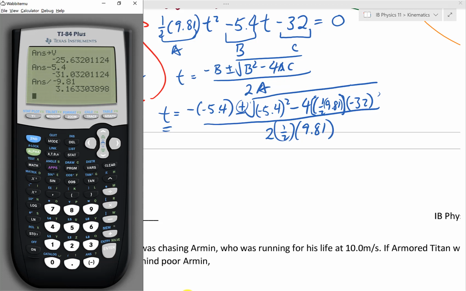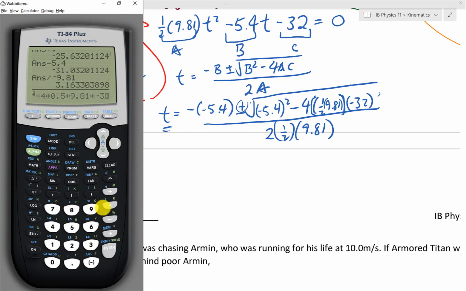So negative times a negative, I get positive 5.4. I'm going to add this big huge quadratic, and I know that a positive value is minus 4 times 1/2 times 9.81 and times negative 32.